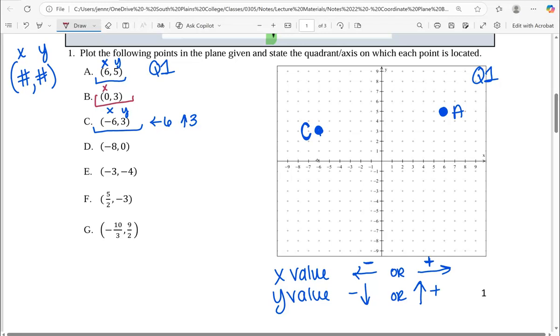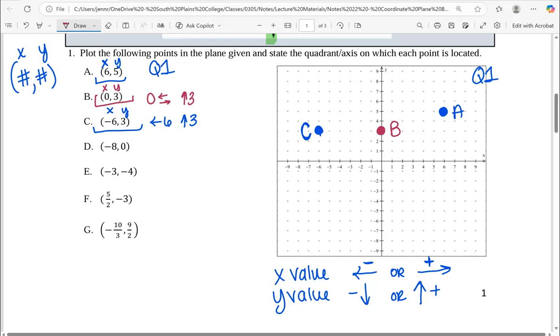What that means is I should move 0 left or right. I need to stay in the middle. When they gave me a y value of 3, it meant I need to go up 3 units. So 0 side to side, just go up 3 and you're done. There is point B.